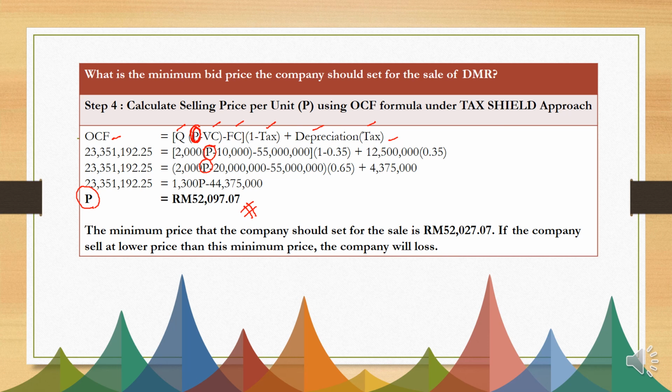If the company sells at a lower price than this minimum price, the company will lose. So that is how you can calculate the minimum selling price under setting bid price.